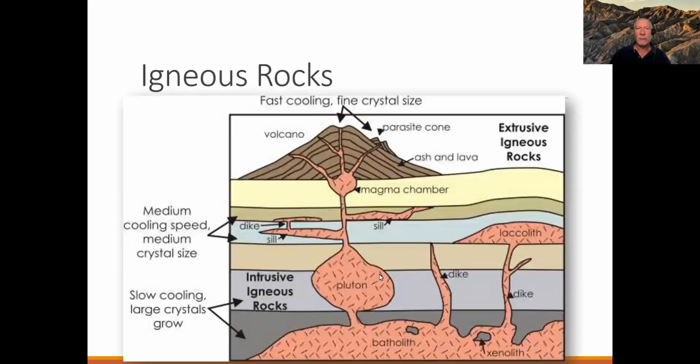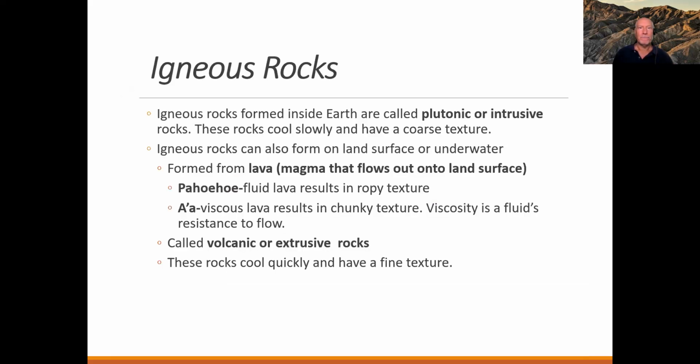Here we can see different places that magma and lava can occur. Deep underground in what we call batholiths and plutons, you get large crystals. You get medium crystals from other igneous intrusions we call sills and dikes. And if it flows out as lava, you get very fine crystal size, what we call aphanitic, which is microscopic.